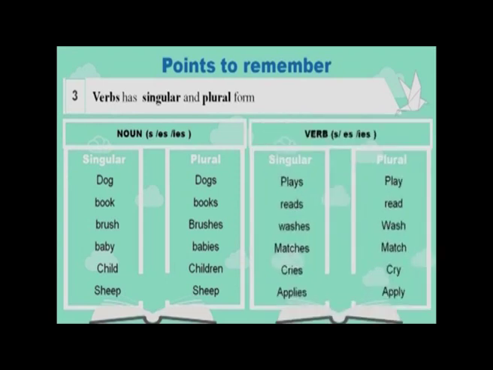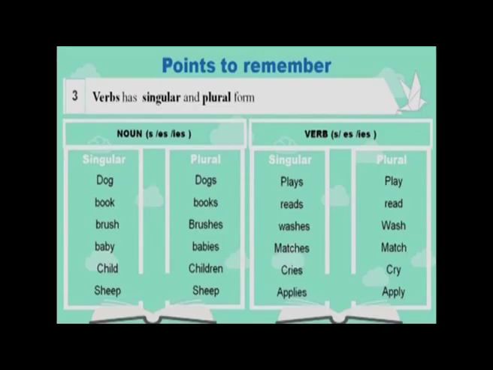Now, let's look at the next table, verb. Verb also has singular and plural form. If we look at the table there, it's just the opposite of noun in regards to s, es and ies.